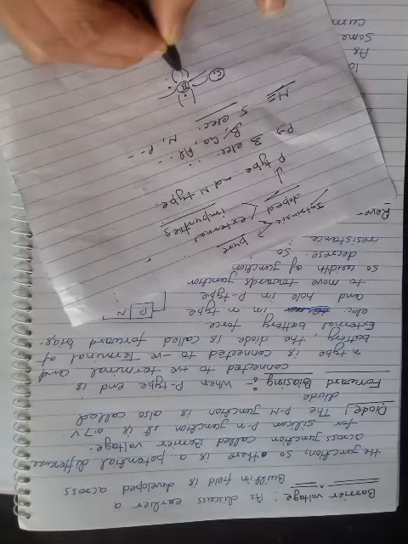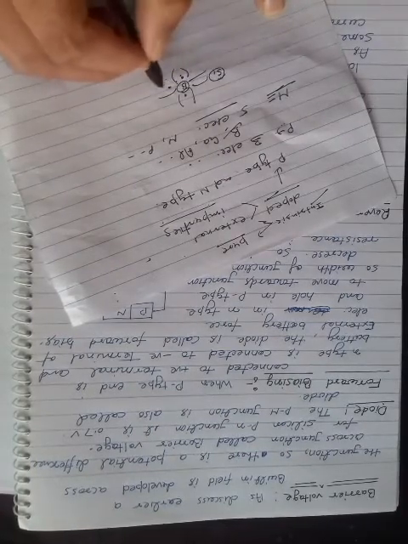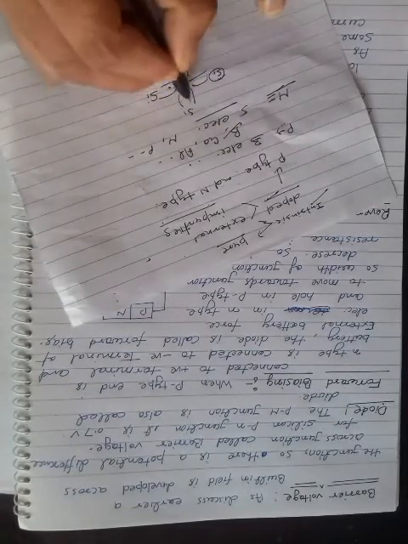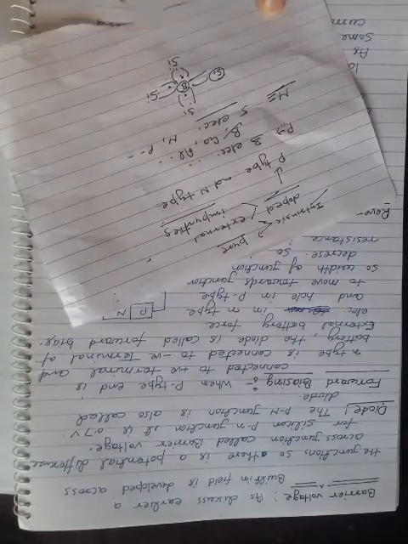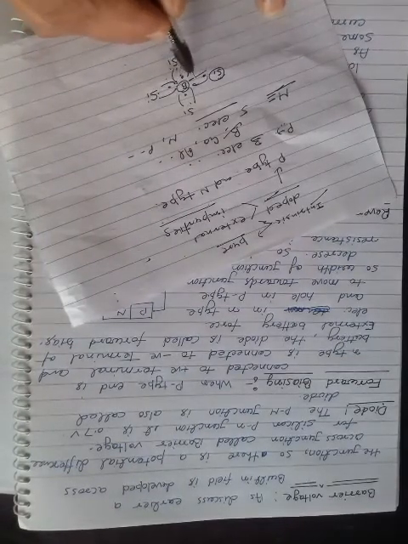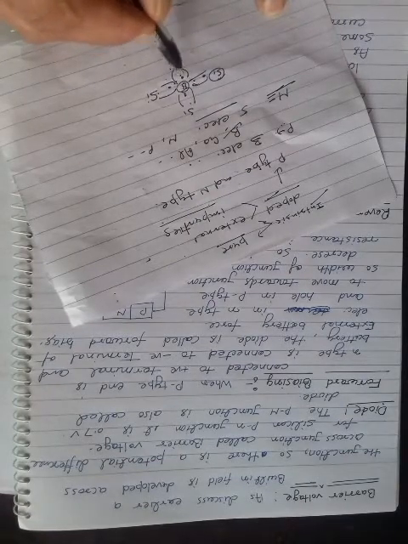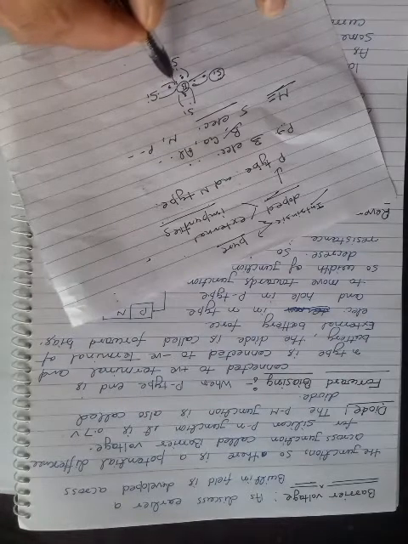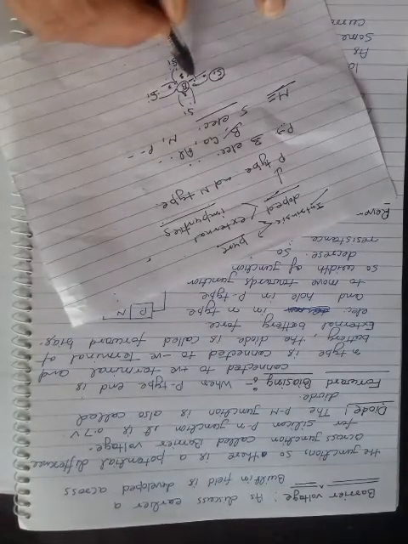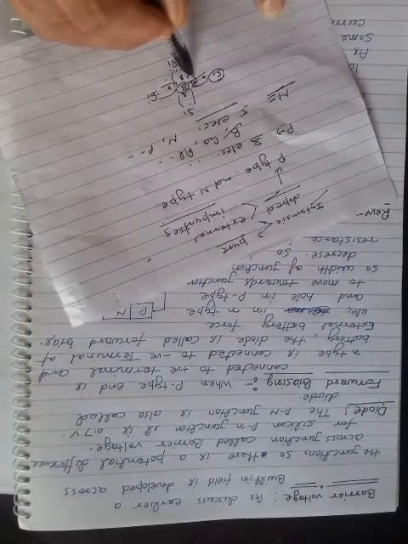These 3 electrons make bonds with the nearby silicon atoms as shown in the figure, but this site remains empty. This empty site is called a hole.